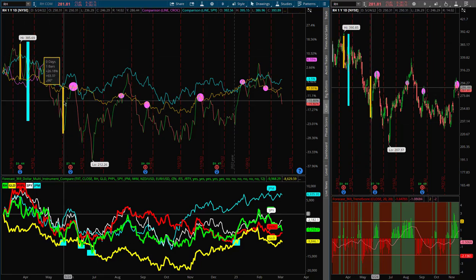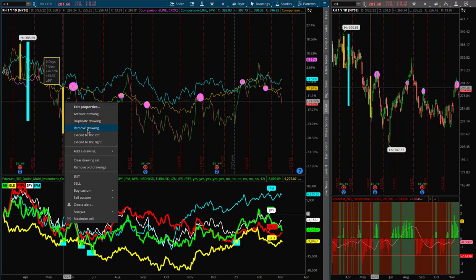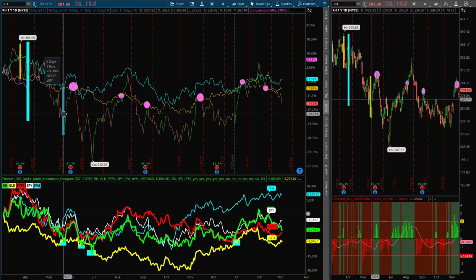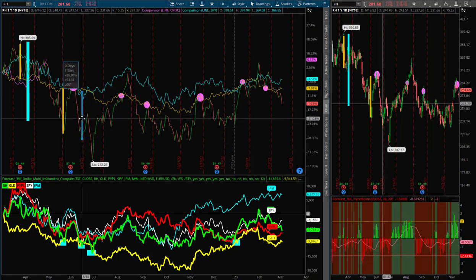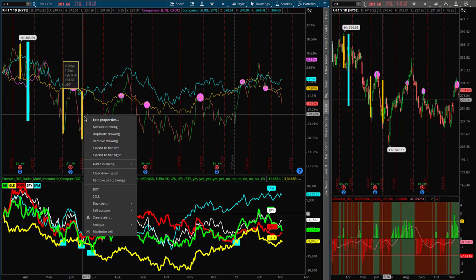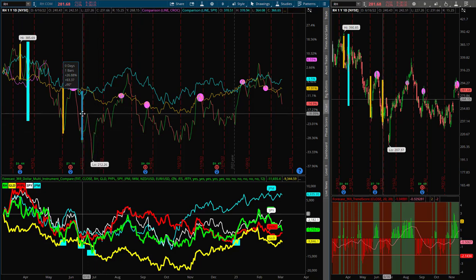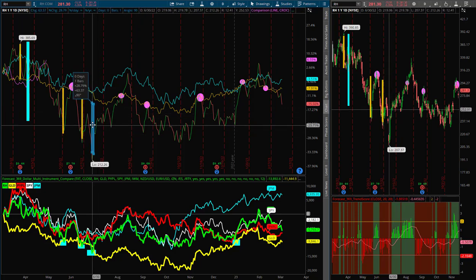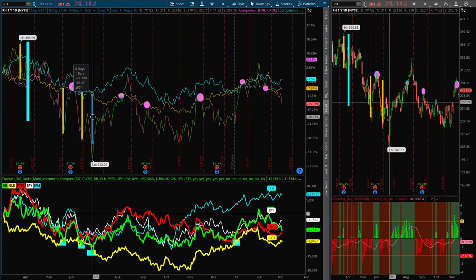Okay, let's keep this duplicated. Duplicate from the gold. Duplicate, and then let's see from the gold. Now this went a little further away, that's fine.